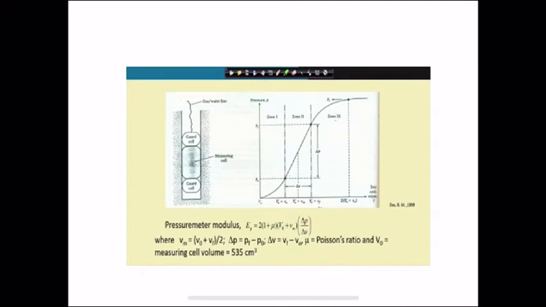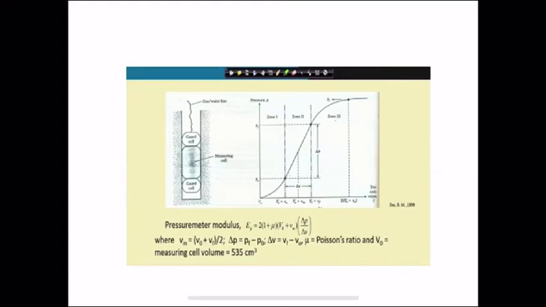Ultimately we get a pressure versus volume curve, from which we identify three different zones and obtain the P0, Pf and Pl values. With these pressures and the V0 and Vf values, we get the pressuremeter modulus, and based on that we determine various soil properties.